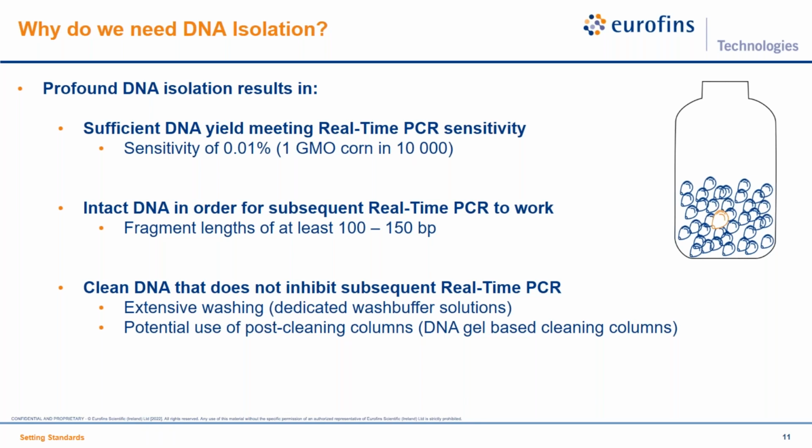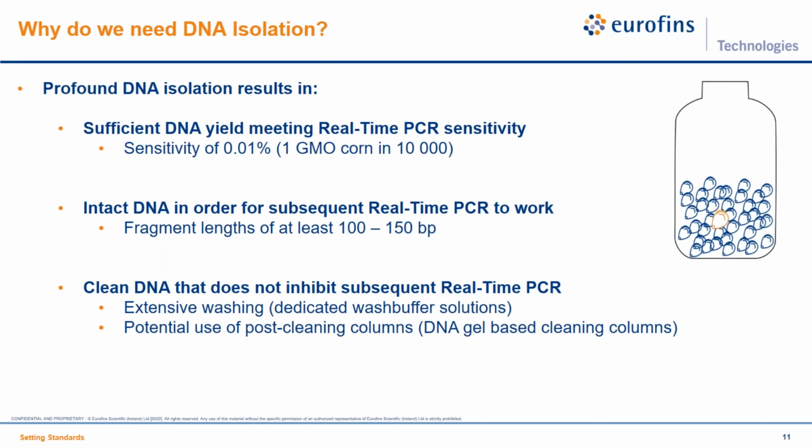The DNA we want to analyze also needs to be intact, because if you have chopped short repeats DNA, a subsequent real-time PCR analysis won't work. So hence why we're really targeting at fragment length of at least 100 to 150 base pairs that we need to meet with a sufficient DNA isolation method.